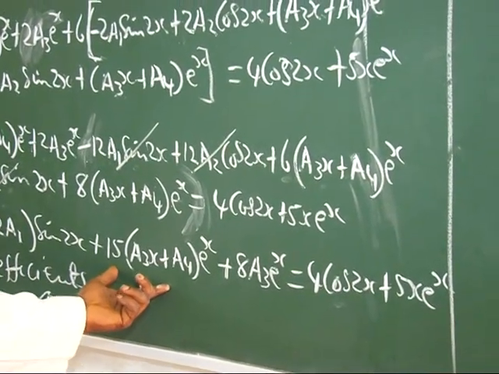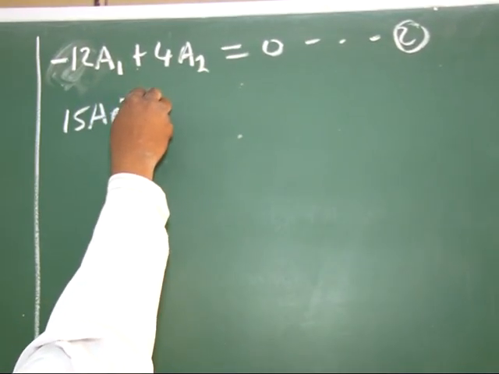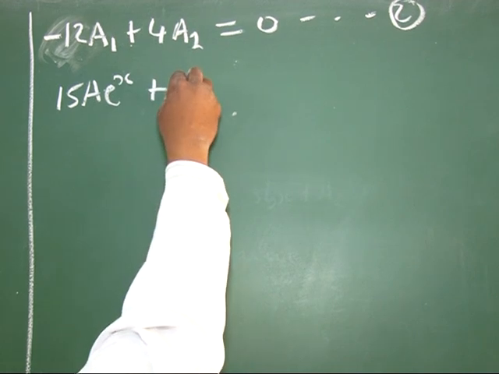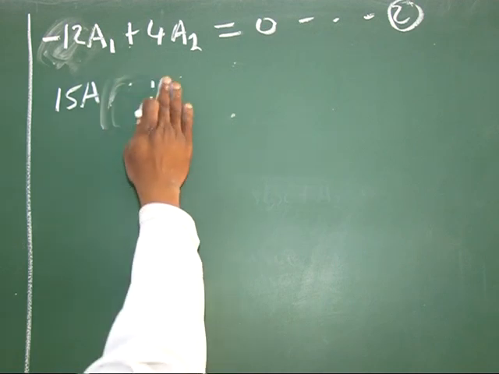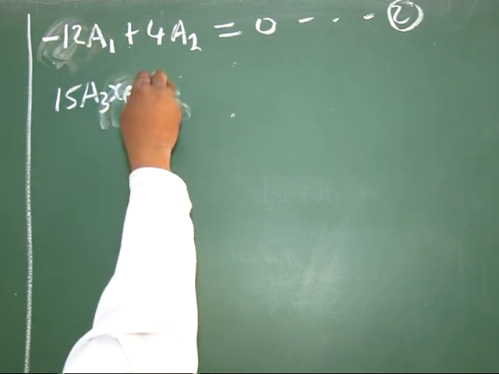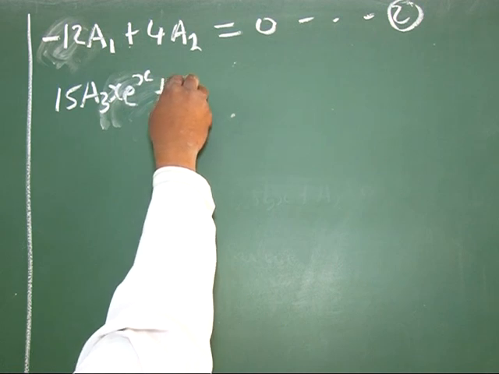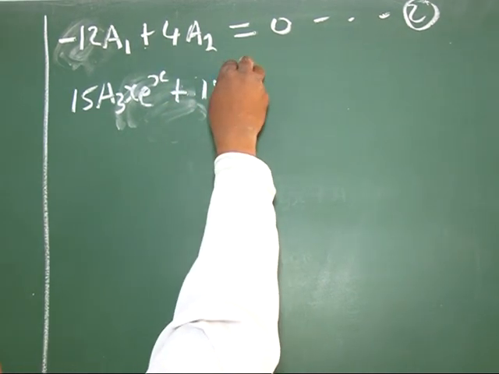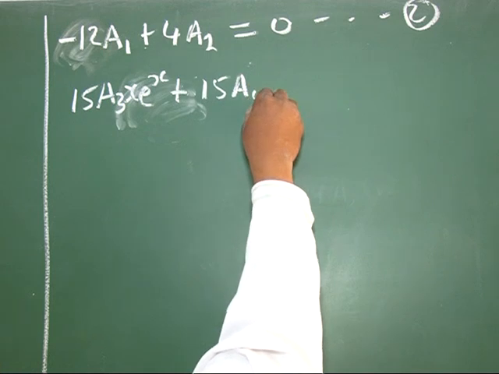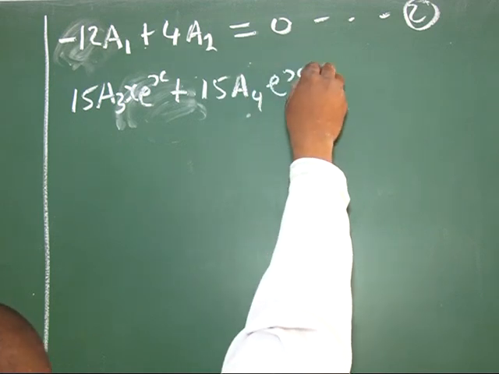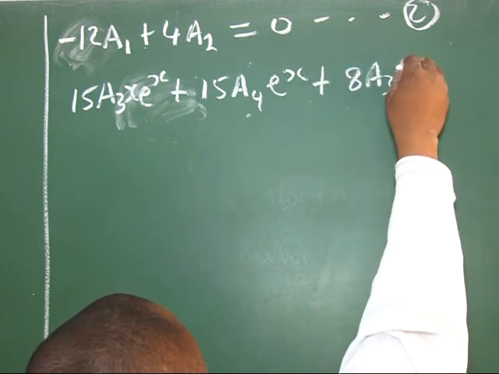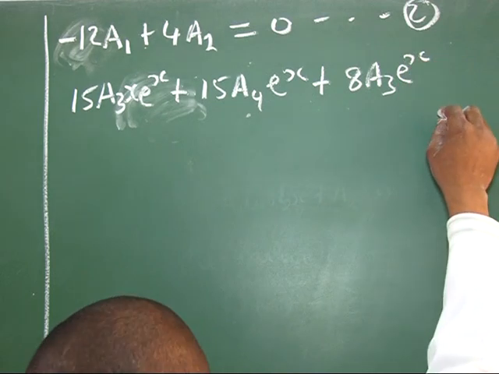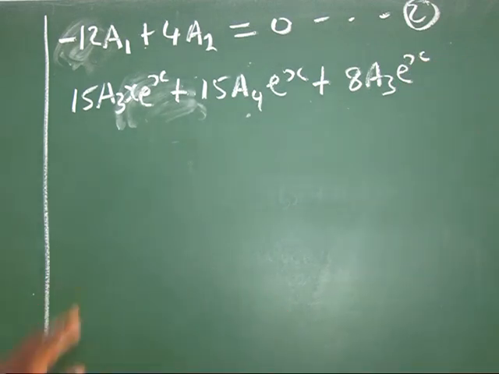From here, we can say 15a3x exponential x plus 15a4 exponential x plus 8a3 exponential x.